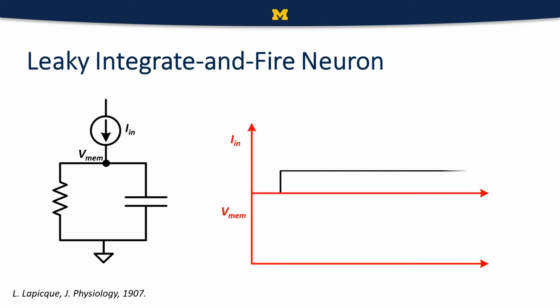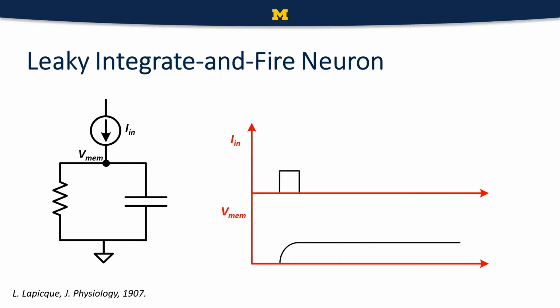If I apply a step current input to this RC circuit, forget the linear ODE equations, let's just go qualitative. If I inject a step current pulse, then the voltage potential across that resistor and capacitor, which I've denoted Vmem, meaning the membrane potential, is going to exponentially relax towards some steady state value.